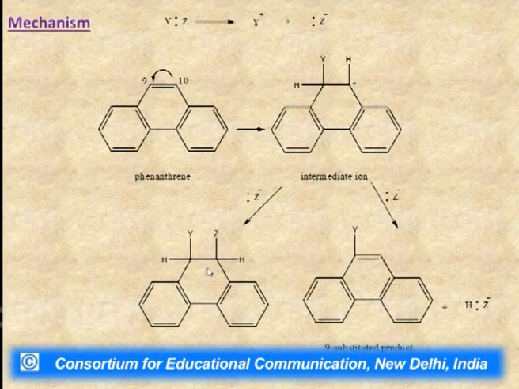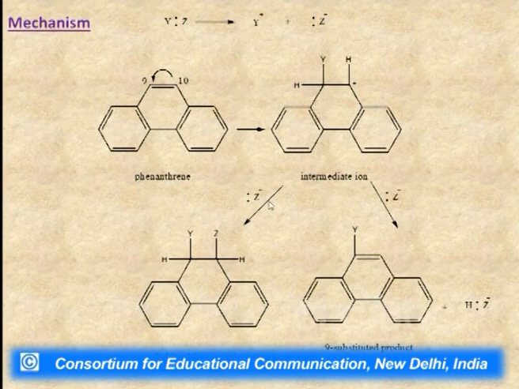The more the stability of the resonance hybrid, the lesser will be the resonance energy, and the more will be its ease to undergo substitution. So in case of phenanthrene, position number 9 is more easily substituted since the resonance structures are more stable.